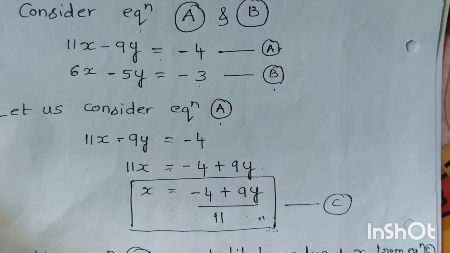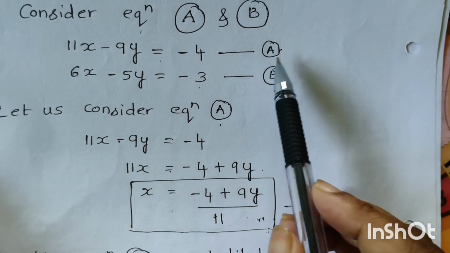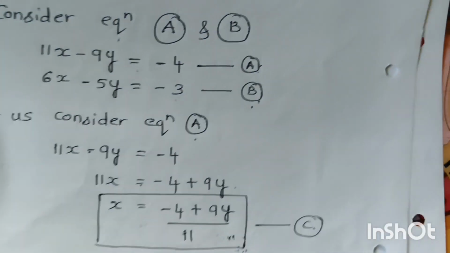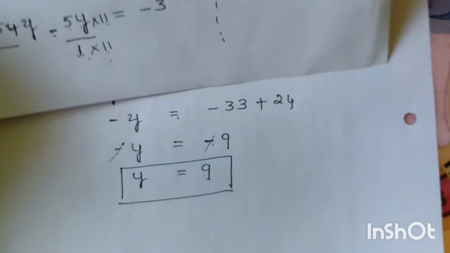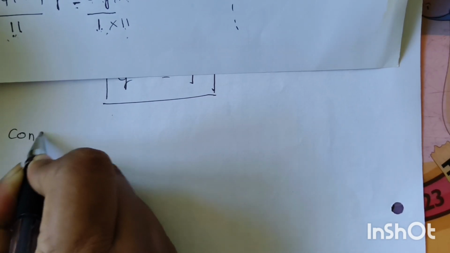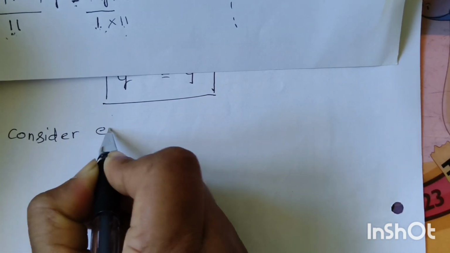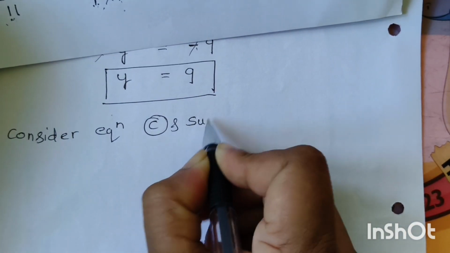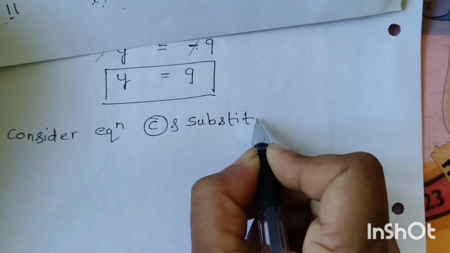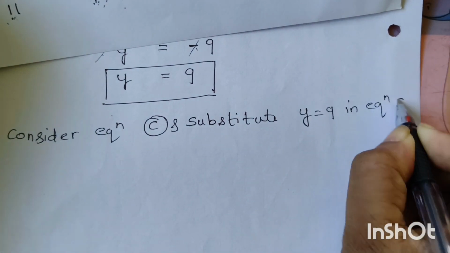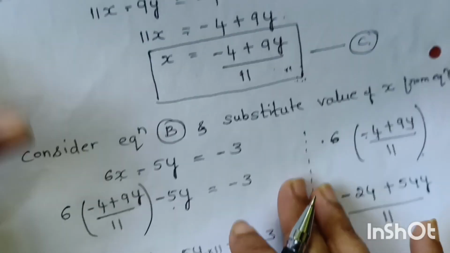You can substitute the value of y either in equation A, B, or C. Now let me consider equation C and substitute y is equal to 9 in equation C.